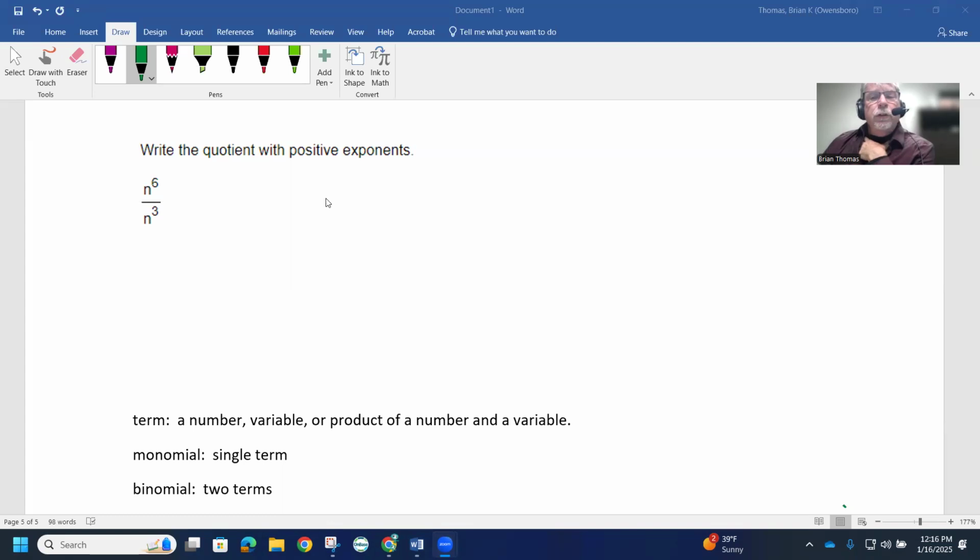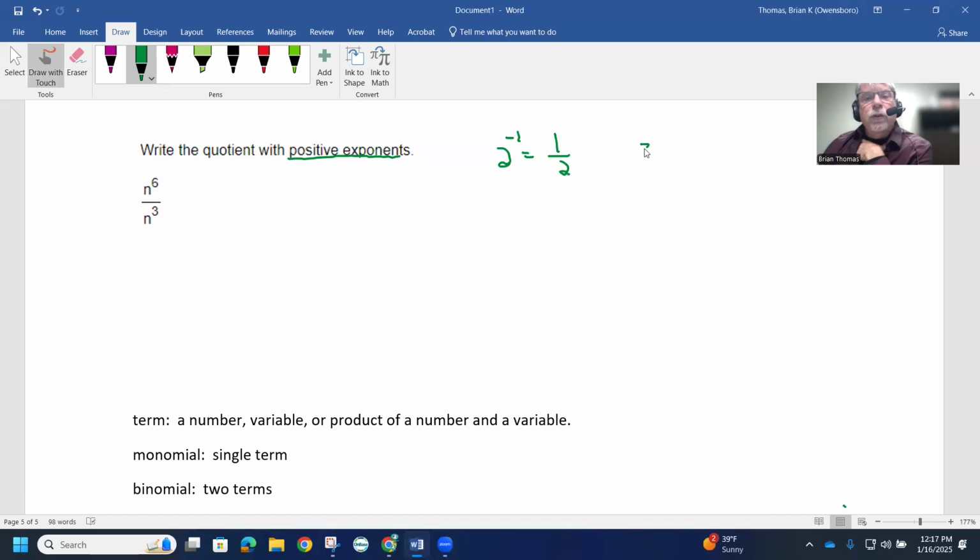So as we move further into our polynomials, we're now going to write a quotient with, notice how it says positive exponents here. That's an interesting thing. What do they mean by positive exponents? One of the things we pick up in math is that a negative exponent means to take the reciprocal. So if I have 2 to the negative 1, that means the same thing as 1/2.